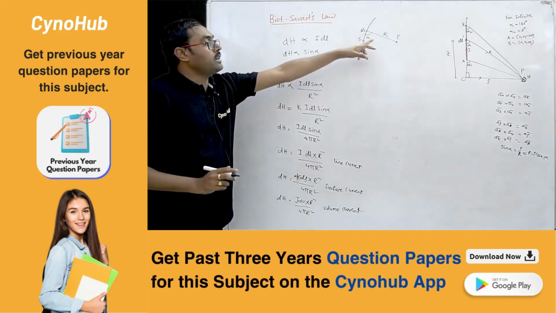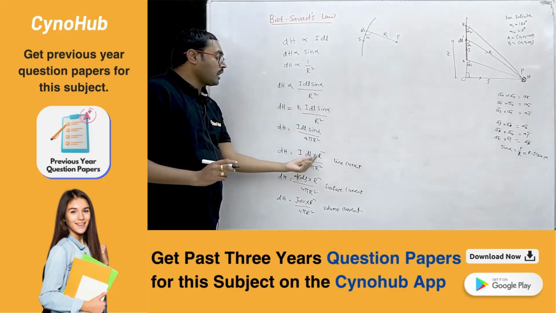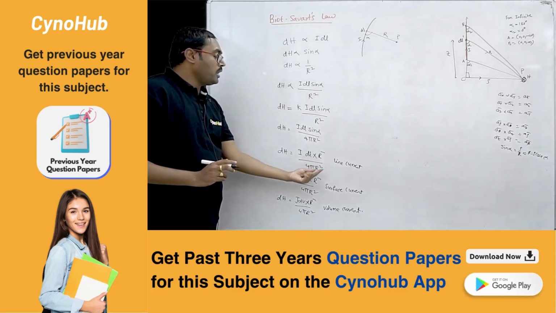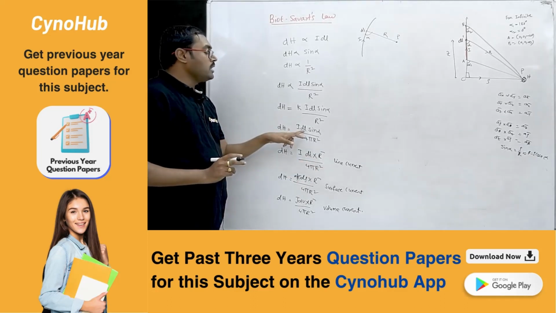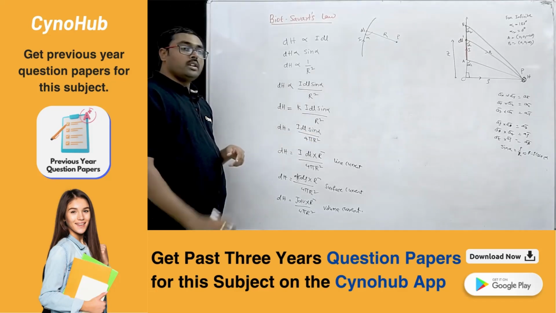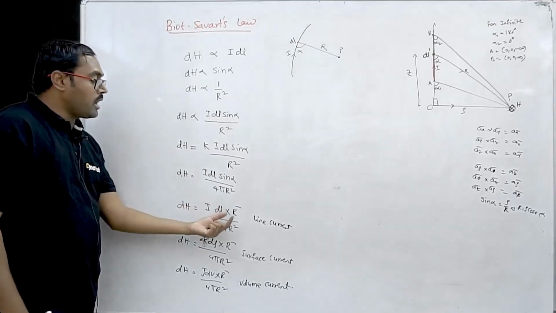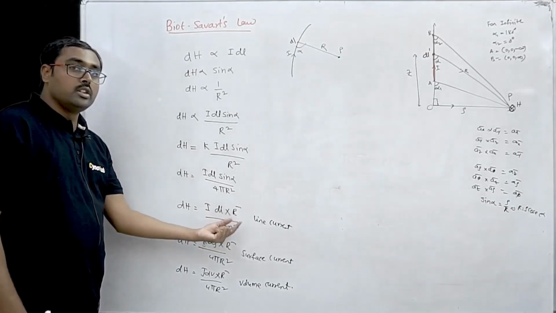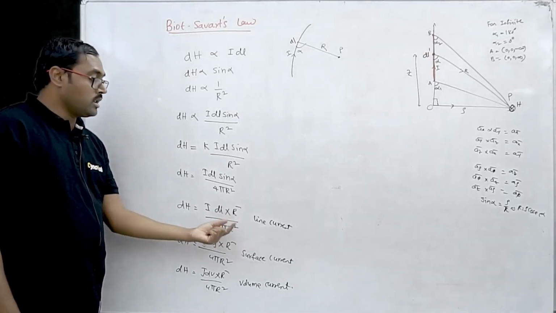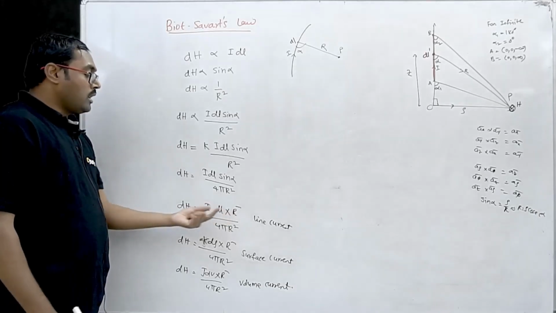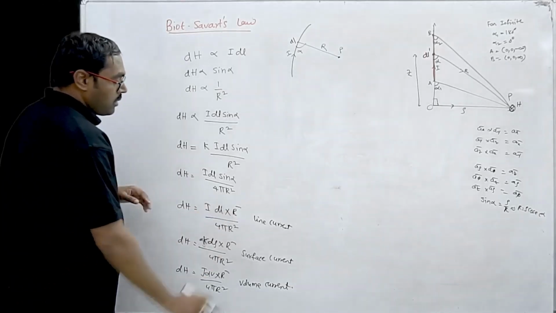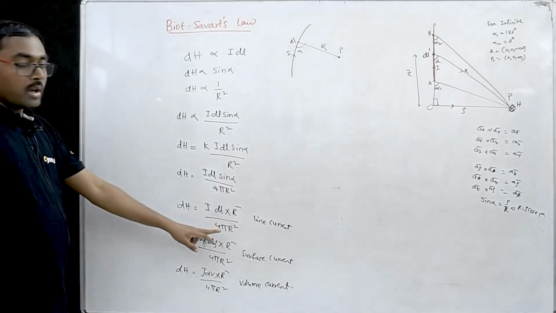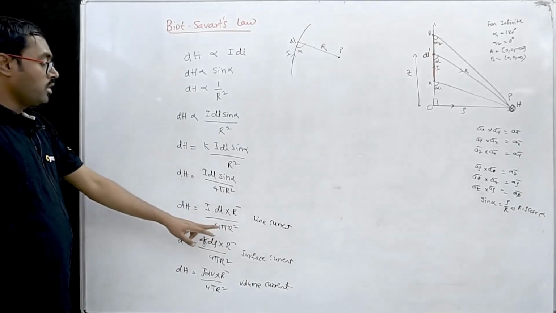That gives dl cross r bar by 4 pi r squared, which is dl sin alpha, and r bar is a unit vector in the r direction.